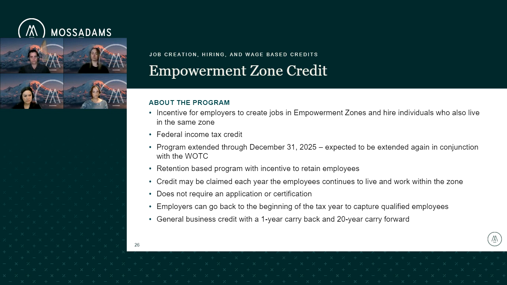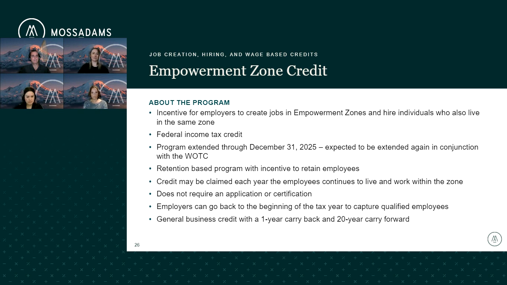Zones are located all over the United States, but primarily empowerment zones reside in the Midwest region. There are a few on the west side of the country. California has some empowerment zones in areas like Fresno, Los Angeles, Santa Ana, the Joshua Tree area. So there are some opportunities on the west side of the country, but primarily they are in the Midwest.